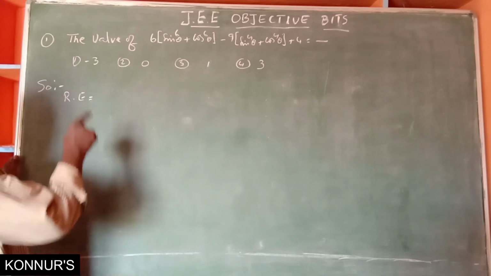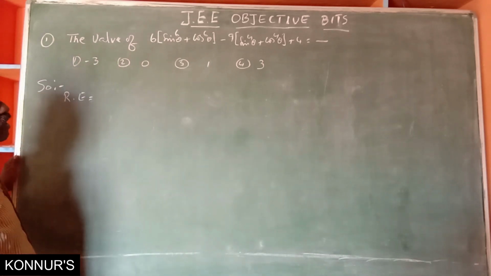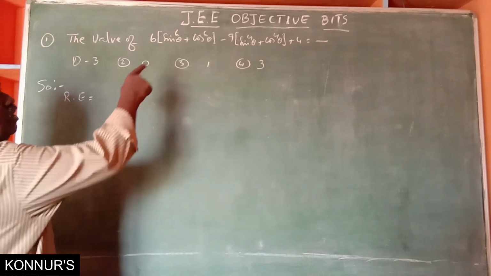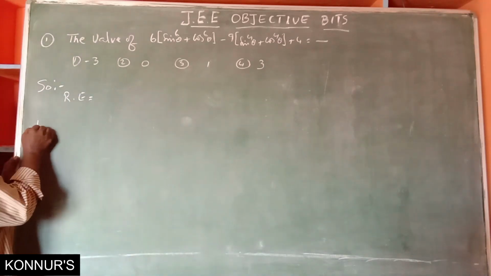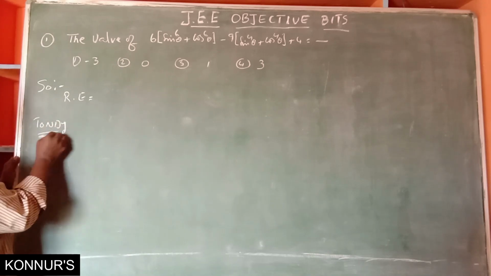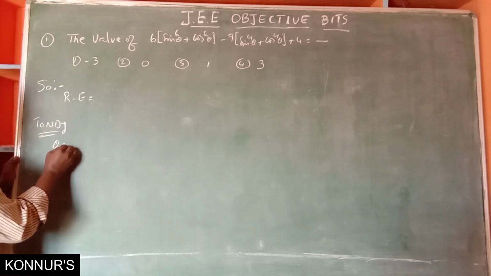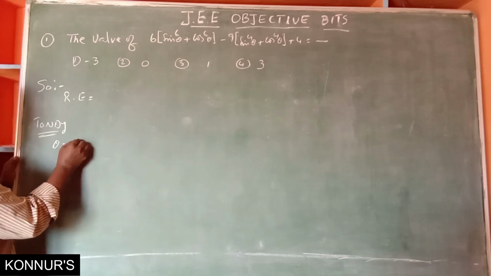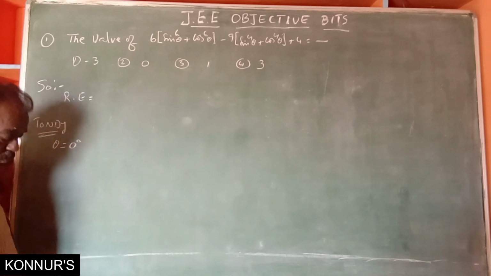In order to find the value of the expression, by the 20 method, put theta is equal to 0 degrees.